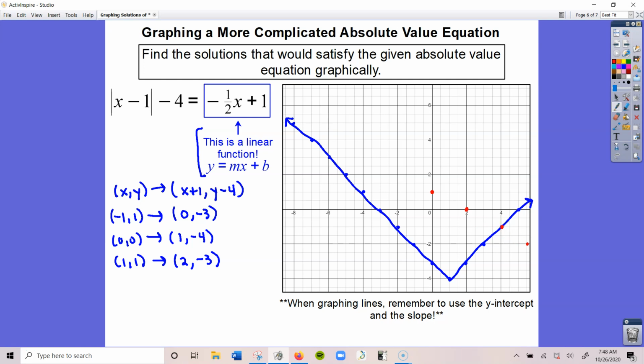And then the same thing but in the other direction, meaning up 1, left 2. And this is my line, negative 1 over 2 x plus 1. Now we're going to take note, of course, where it intersects, which is here and here. So my two solutions are going to be x is equal to negative 8 and positive 4.